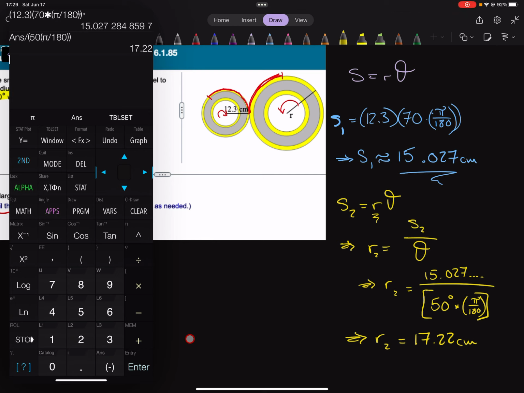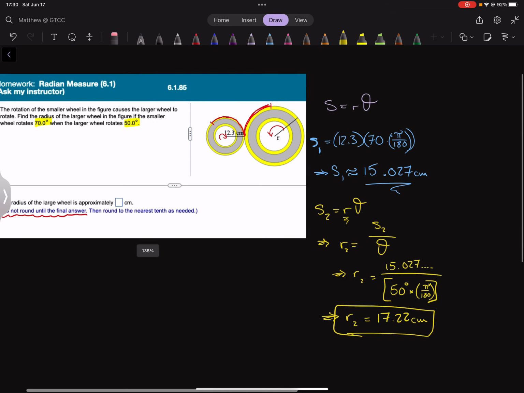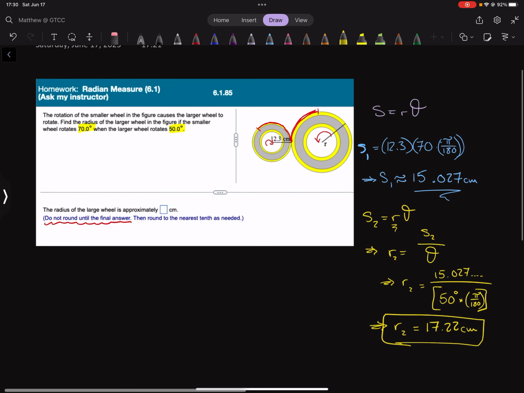I actually had the problem up here so that we could plug it in, but this is the radius for the second one. Let's recap what we needed to do here. Based on the information we were provided, there are 3 parameters for arc length. For the first wheel, we were given the radius as well as the amount of rotation in degrees.